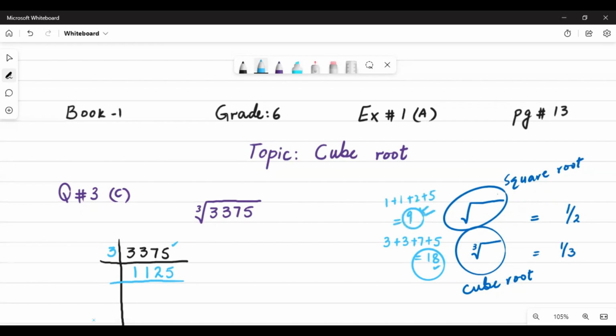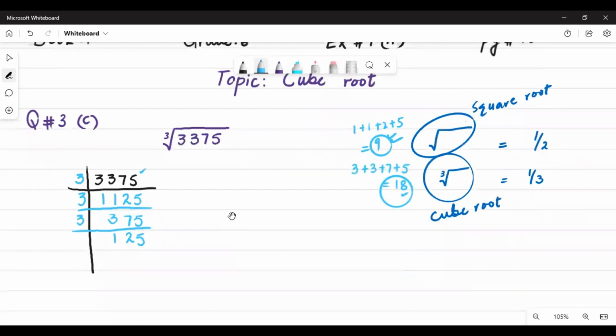As we know that 9 is divisible by 3, I can divide it by 3. 3 threes are 9, 10 and 11. 2 will be here. 3 sevens are 21, and then 3 fives are 15. We can divide it by 3 again. 3 ones are 3. 3 twos are 6. Then 1 carry, it becomes 15. 3 fives are 15. Clear? So 3 times we can divide this number by 3.